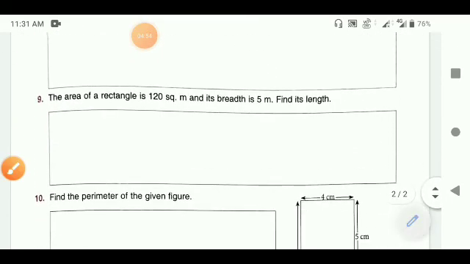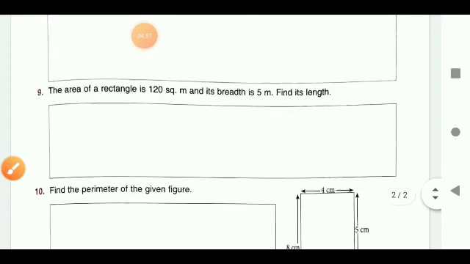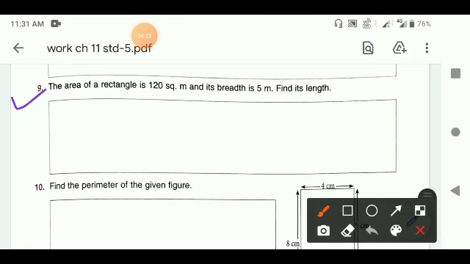Now moving further, question number 9. The area of a rectangle is 120 square meter and its breadth is 5 meter. Find its length. We can find the length of this rectangle by using the formula of area, because here area is given.